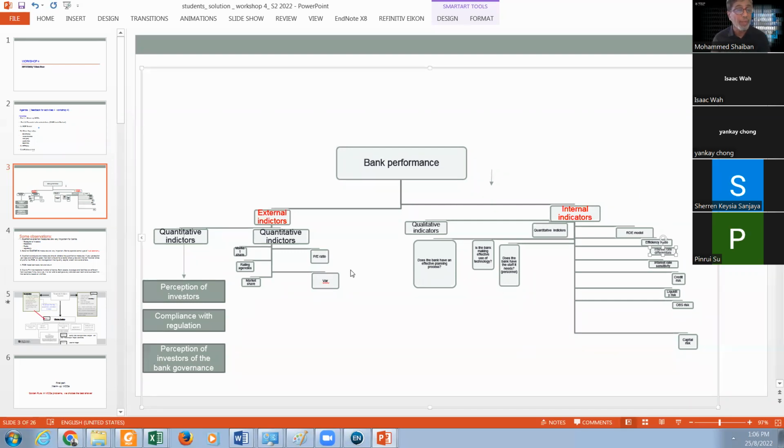This is the internal one, and the external ones are the perceptions of the investors, the public, and the shareholders. But we also have external quantitative, which comes out of the balance sheet, the income statement, and the internal records.